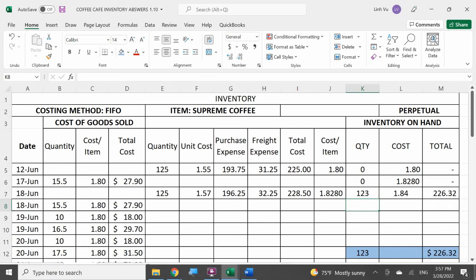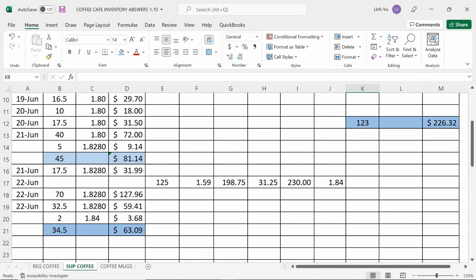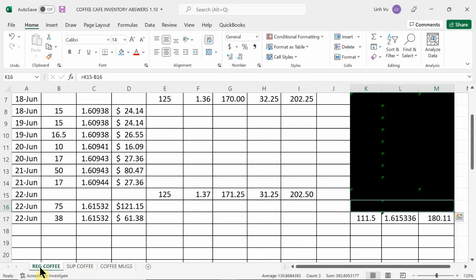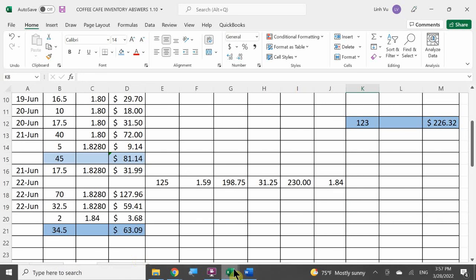Okay. So, cost of goods sold for my regular was 61.38. My Supreme is 63.09.